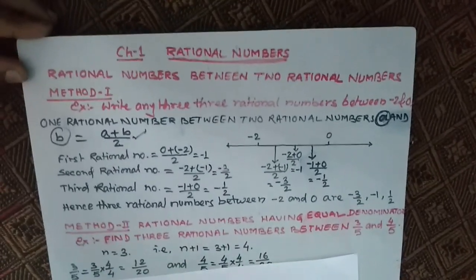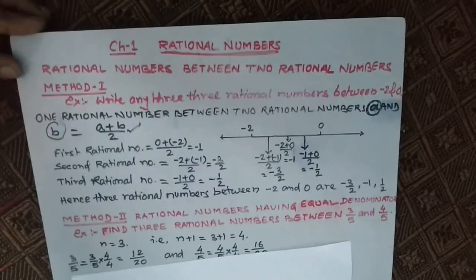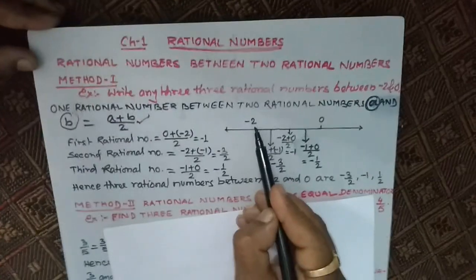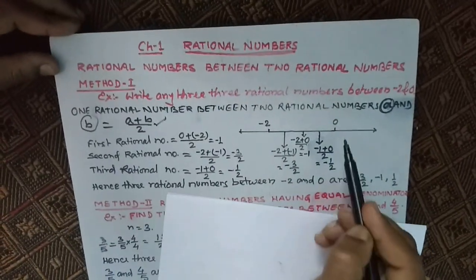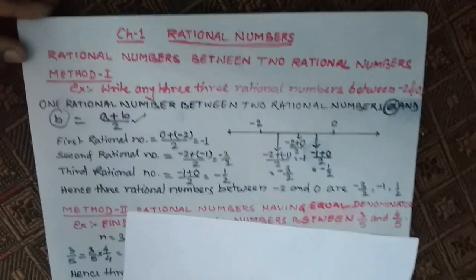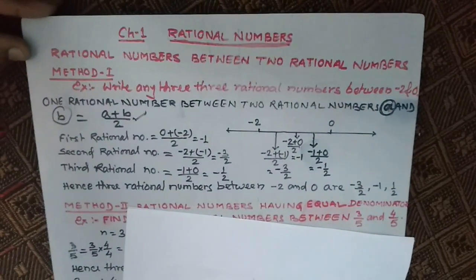Here I have taken two numbers, that are -2 and 0 on the number line. Last day we have seen the number line.